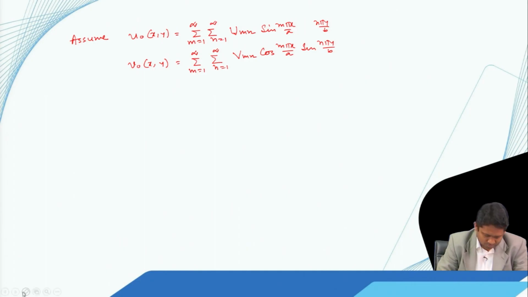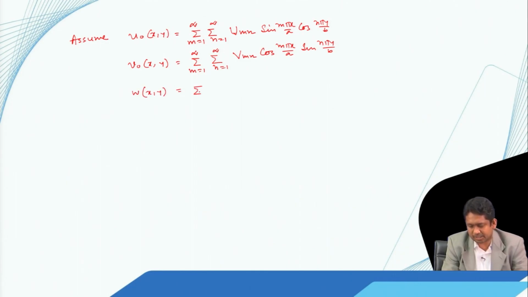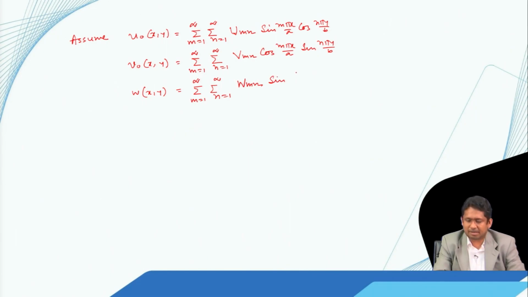So, this is cosine. And w as a function of x and y is summation n equal to 1 to infinity, m equal to 1 to infinity, W_mn sin m pi x by a and sin n pi y by b.